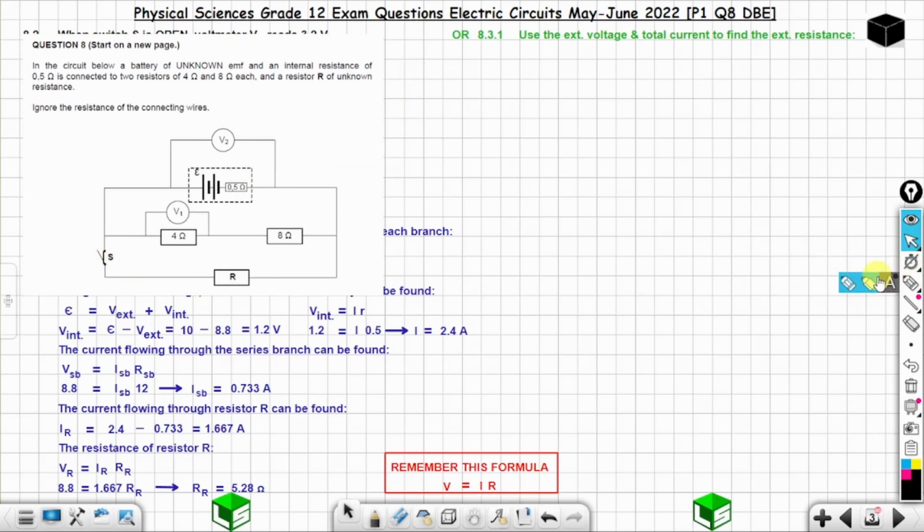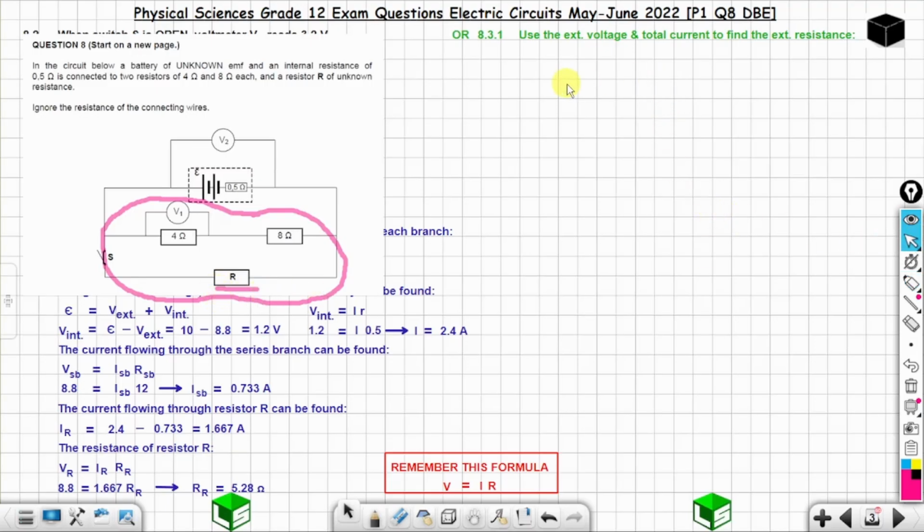Now you can use the external voltage, which is 8.8, and total current, which is 2.4, to find the external resistance, and after that you can find the resistance of resistor R.